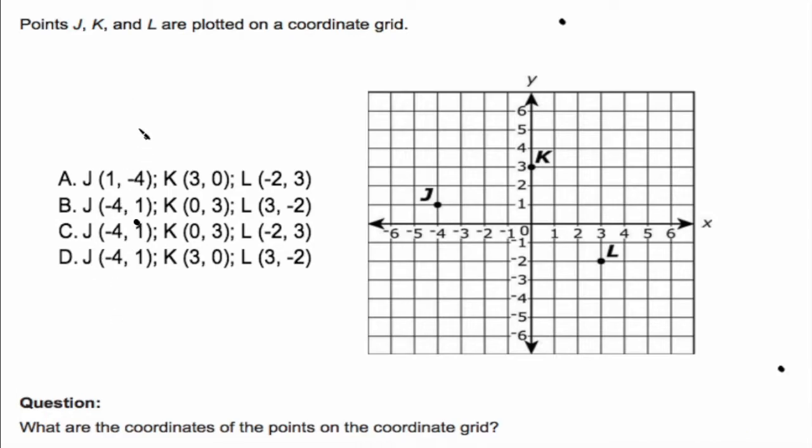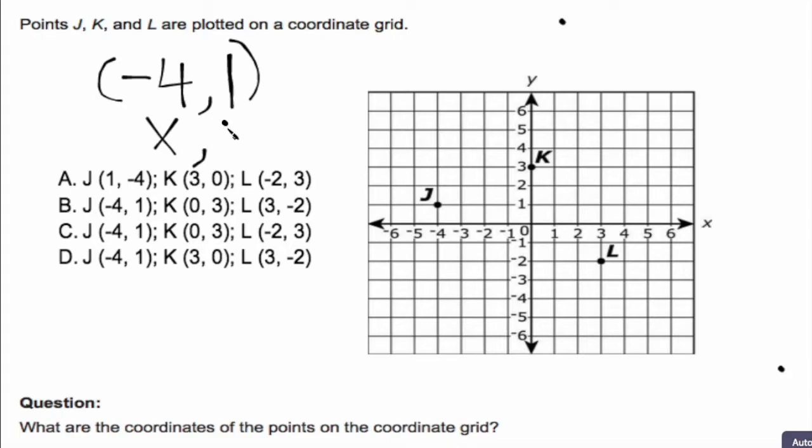But let's pick out something here. Let's pick out -4 and 1. So let's just look at J here. So let's look at this pair, -4 and 1, because that appears in B, C, and D here. What I want you to see is that this is what we call a coordinate pair. That's what I call it, at least. That's usually what it's called. Some people might call it something a little different, but it's usually called a coordinate pair, and the first number in a coordinate pair always corresponds to an x coordinate.